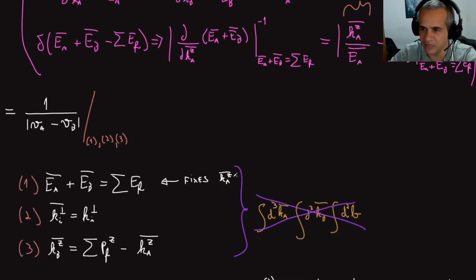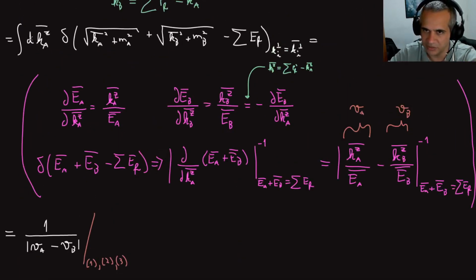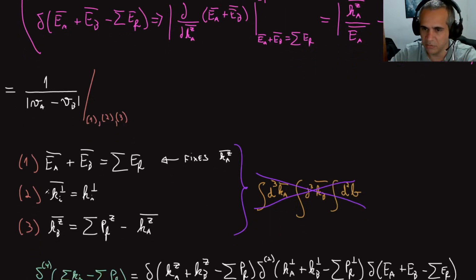This one fixes KAZ, right? Is what I used last to do this integral. The second one is actually two conditions on the two perpendicular directions for K, and this is for the longitudinal direction of B. Right? Looks like the conditions for KBZ and KAZ are a bit complicated, but I can show that they can be simplified.